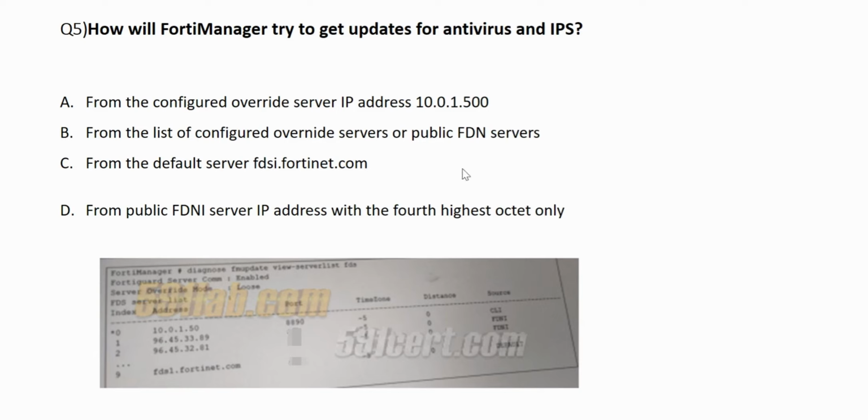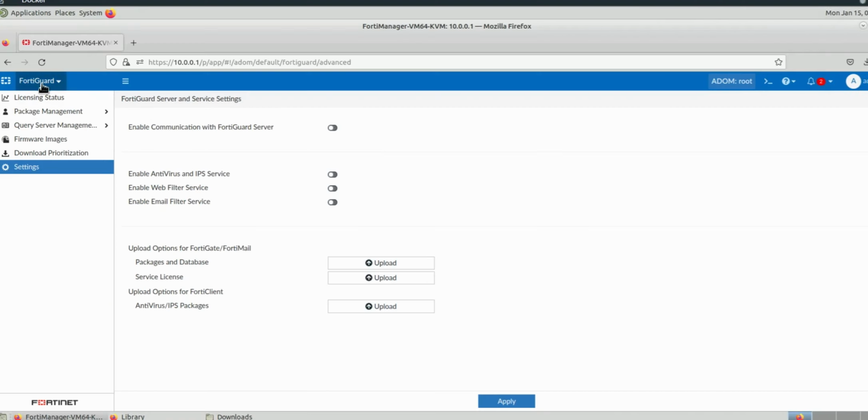Our last question today: how will FortiManager try to get updates for antivirus and IPS? It is actually more about the FortiGuard settings. Right now I want to show you, so let's turn to our lab.